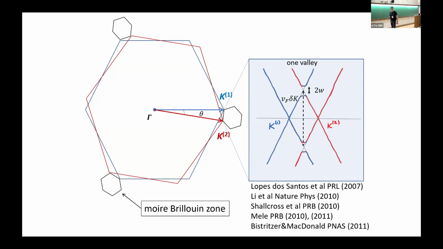And there's an energy scale associated with that as well, which we're going to call W. There are actually 2 different W's that will show up in this lecture, but for now, let's just think about it as one energy scale. Okay. And of course, the same thing is going to happen from the bottom here. And so now, imagine for a second a thought experiment in which we hold the twist angle fixed, and we can somehow tune the strength of the interlayer hopping.